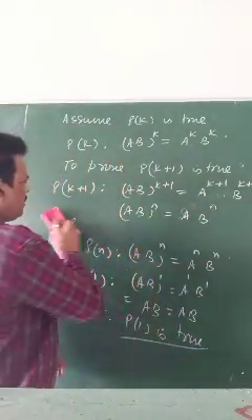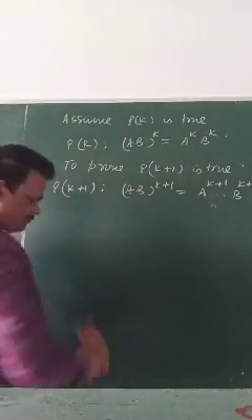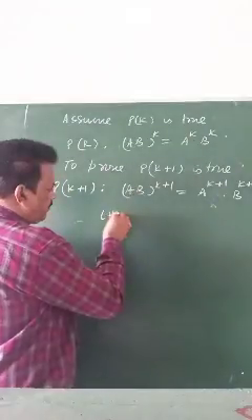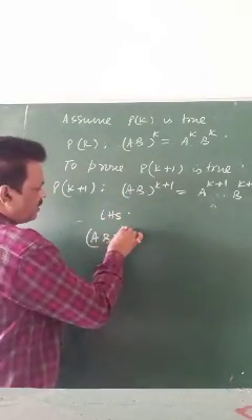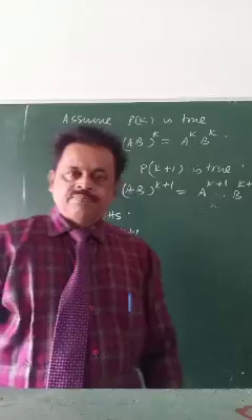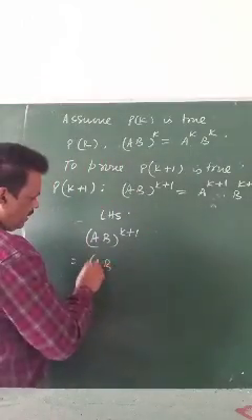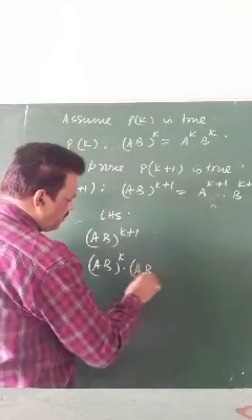How to prove? Let's start from your left hand side. It is (AB)^(k+1). Split the power: (AB)^k (AB)^1.